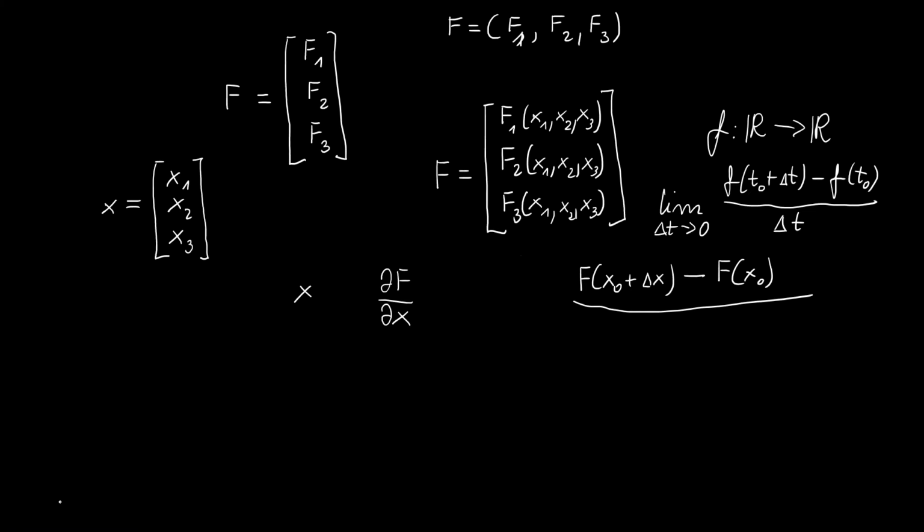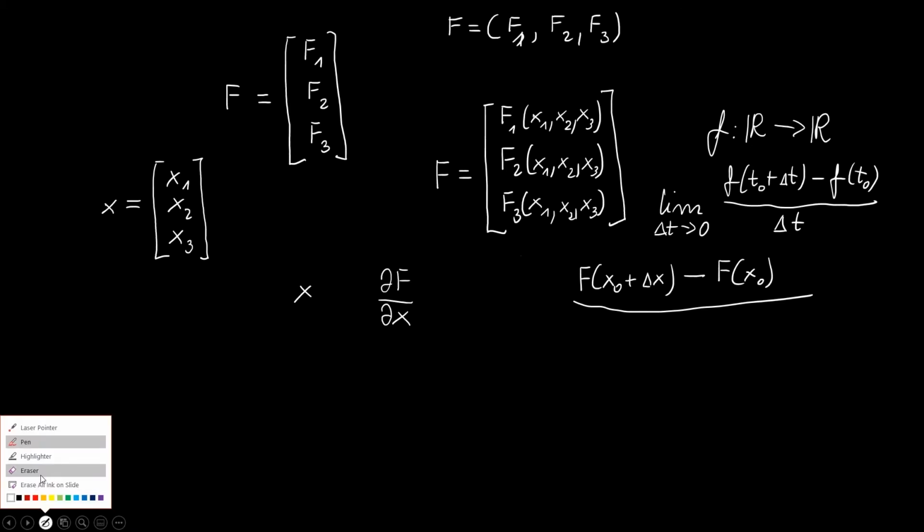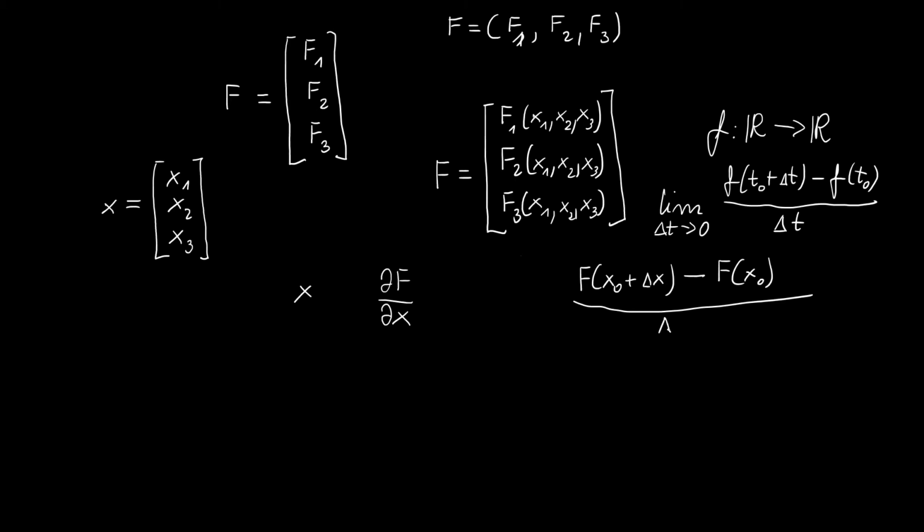What does it mean to divide vector by vector? We really don't know, and that's why this kind of definition doesn't make sense. But we might formulate it in a slightly different way. So remember, this is a vector, this is a vector.